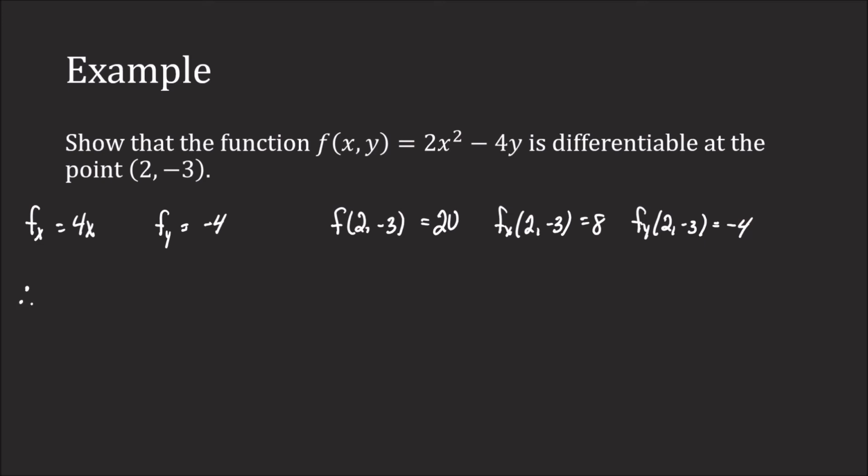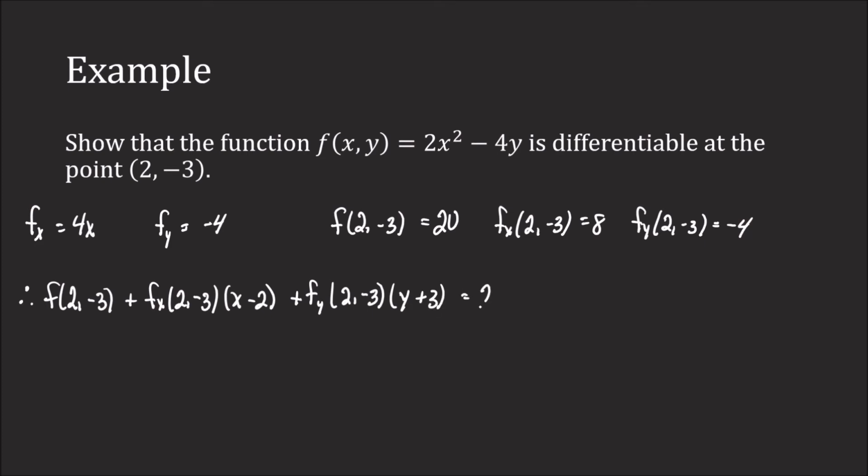Now, f of (2, negative 3) plus f sub x of (2, negative 3) times x minus 2 plus f sub y of (2, negative 3) times y plus 3.